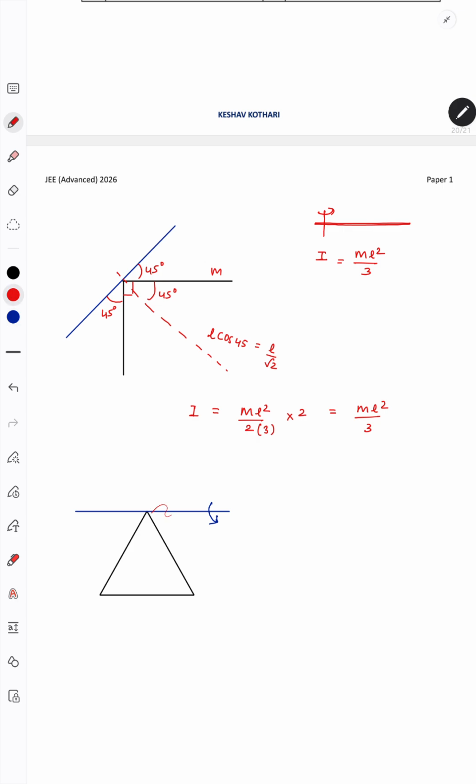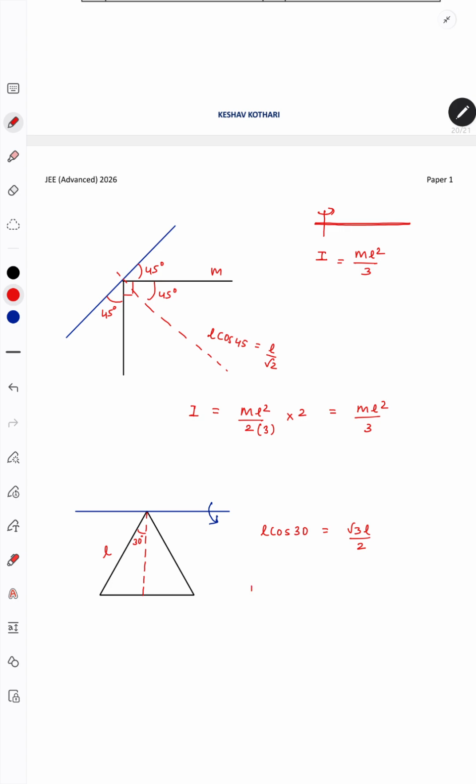So if we calculate this distance again for the rod of length L, and if we are taking this angle as 30 degree, the effective length this time becomes L cos 30 degree. So L cos 30 degree can be written as root 3 L by 2.